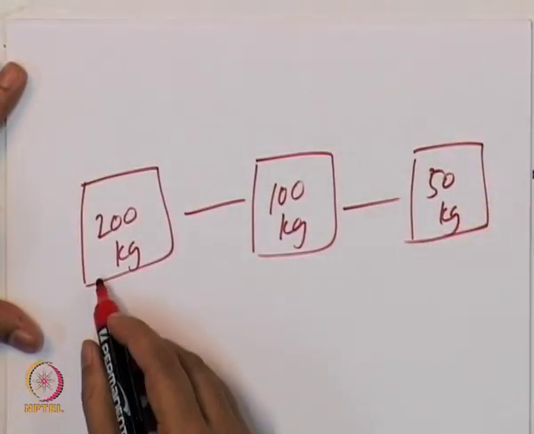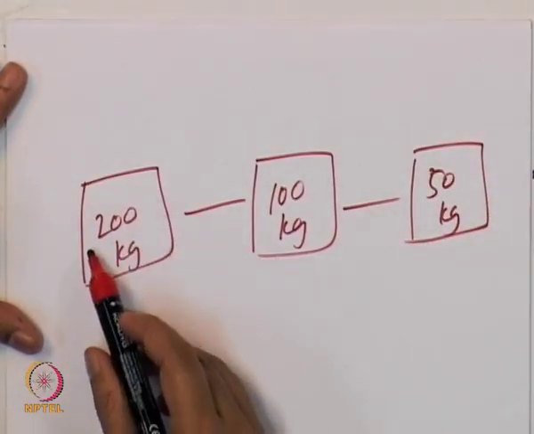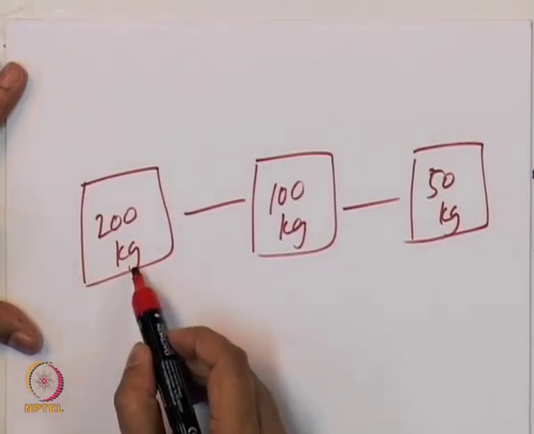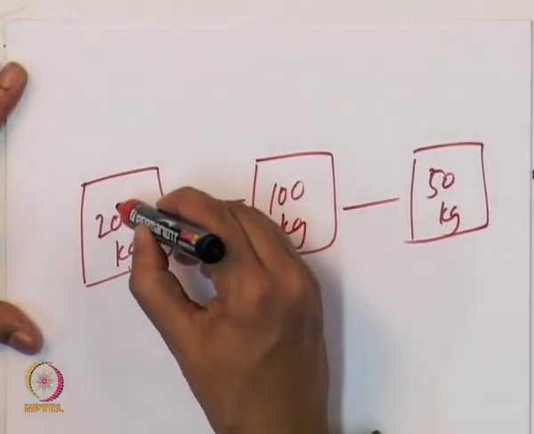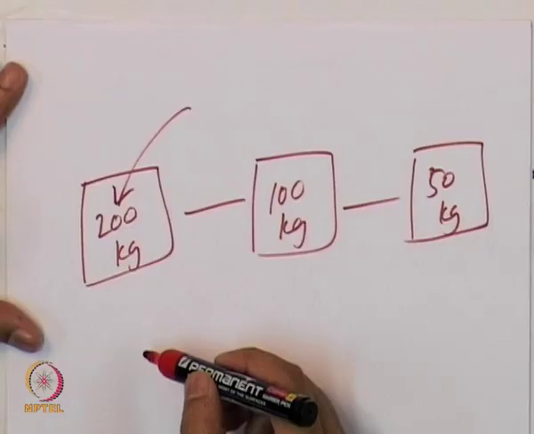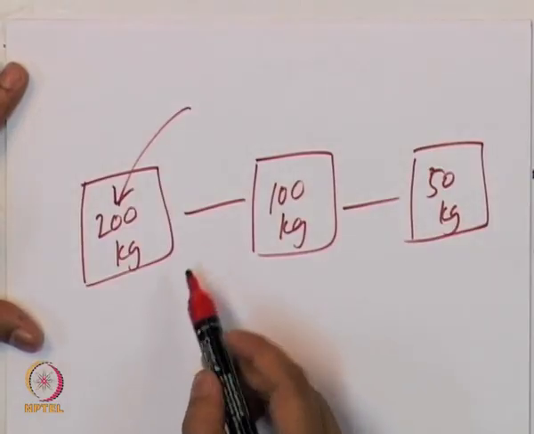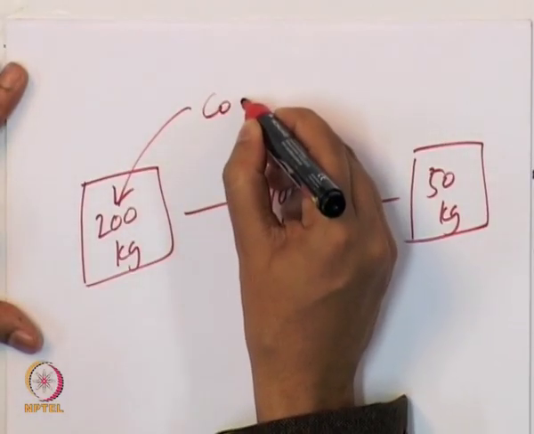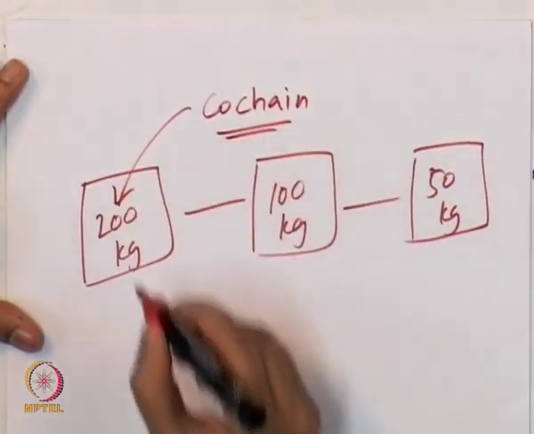So it's a chain of volumes tied together, but whatever is inside the chain is called cochains. Cochains are nothing but the components that we put inside, or associate to certain objects.